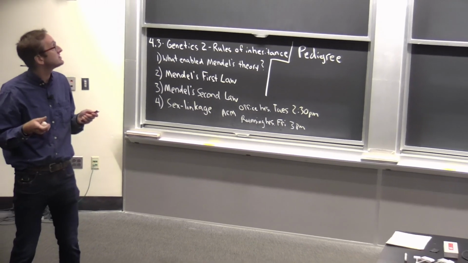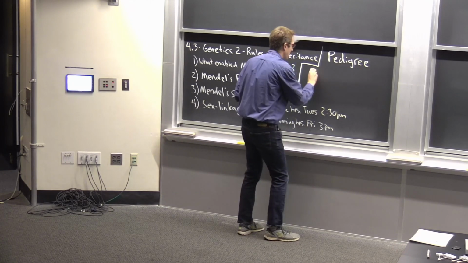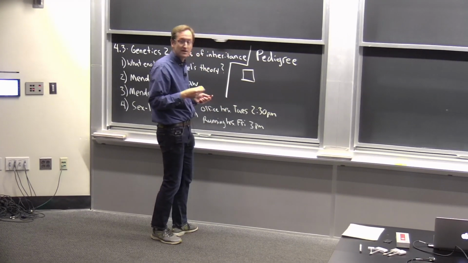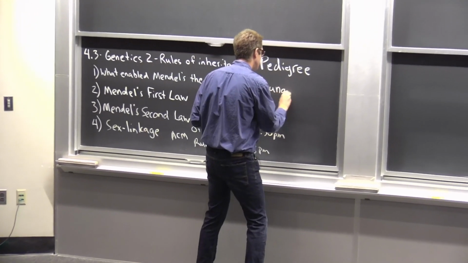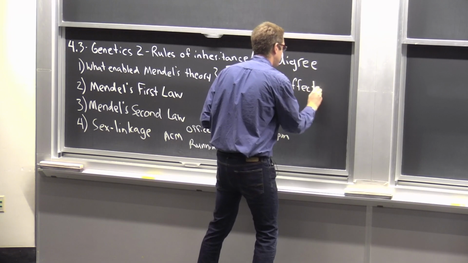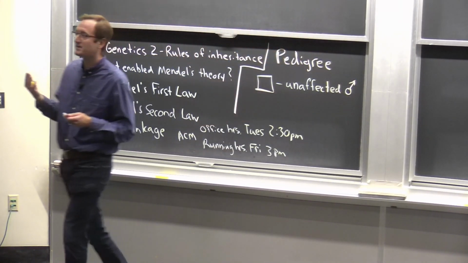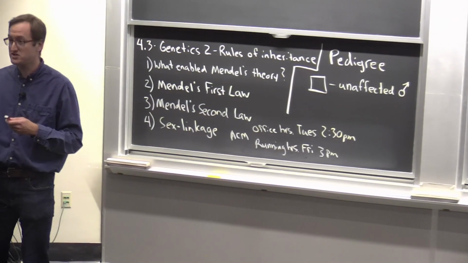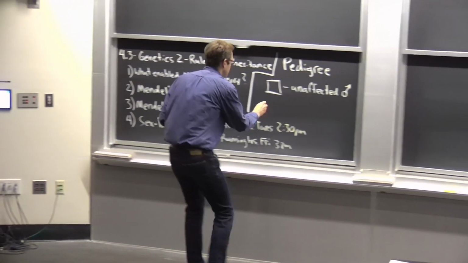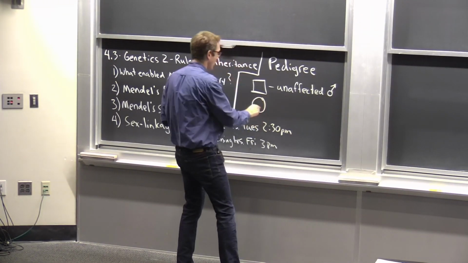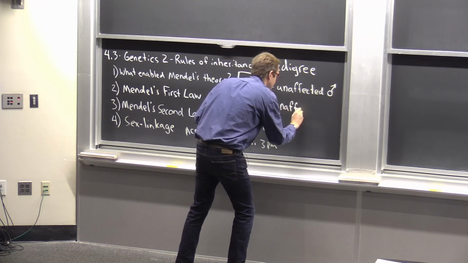And so what you can see, what these symbols denote: if you have an open box, that is an unaffected male. Okay, so open box is an unaffected male. And what I mean by unaffected is, usually it means they don't have the disease that we're talking about. Circles represent females, and so an open circle would be an unaffected female.